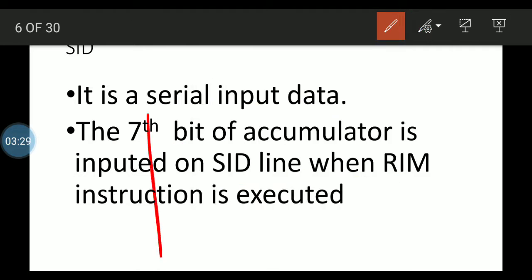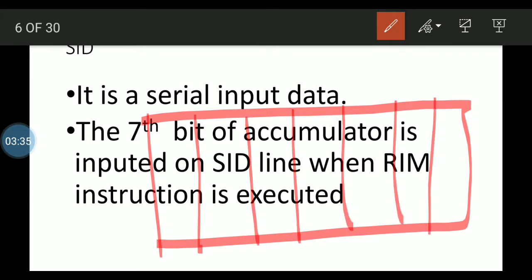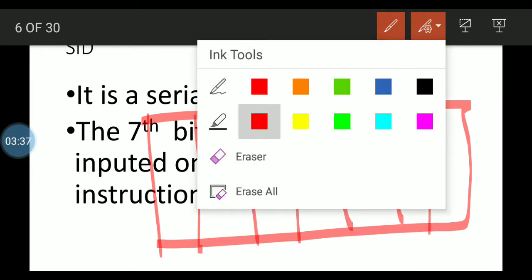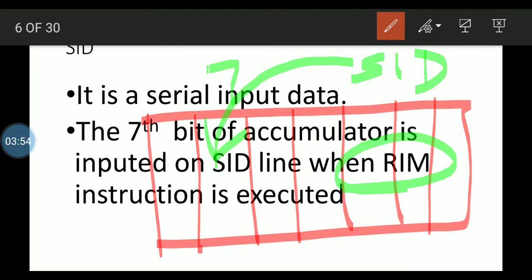Like we saw in SOD, here also the 7th bit will be inputted. It means the SID line will give input here. Whatever is there in SID will be given to the 7th bit of the accumulator using the RIM instruction.